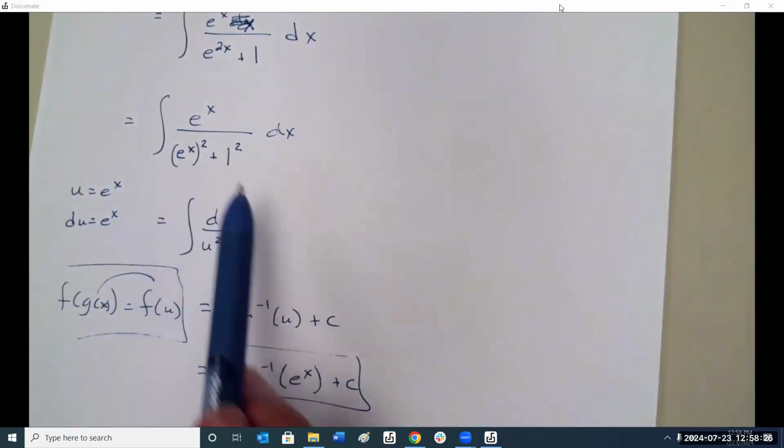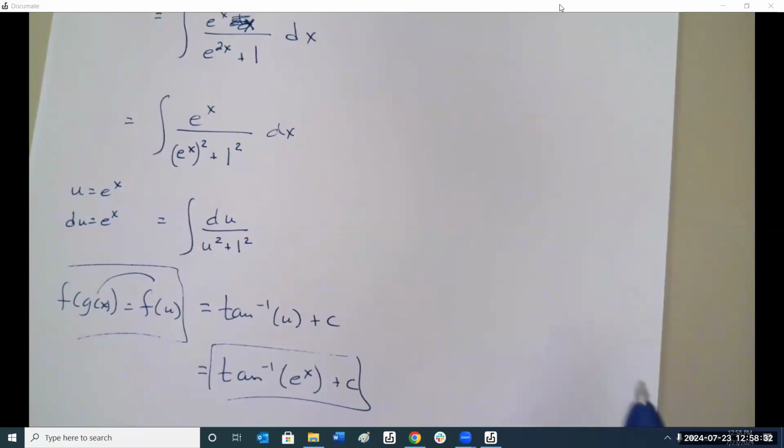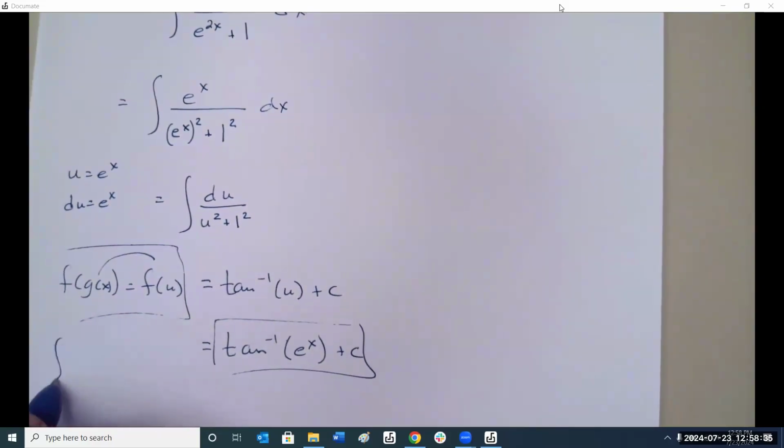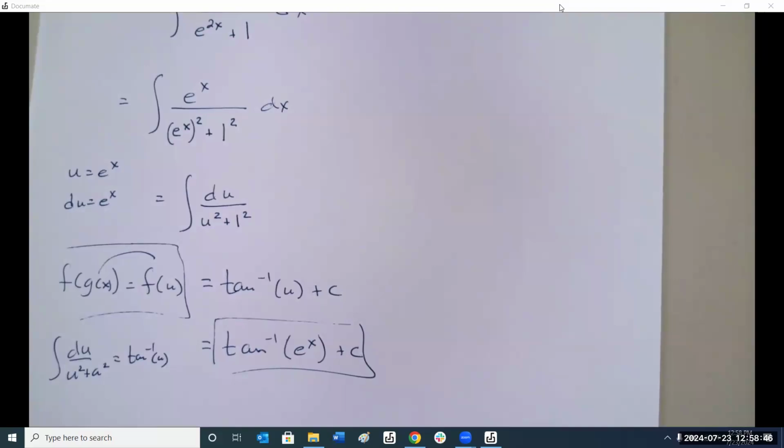Because it's u squared plus a squared on the bottom, du on top. So what you'll look at is du over u squared plus a squared. What happens to 1 over a and u over a? What does that mean?